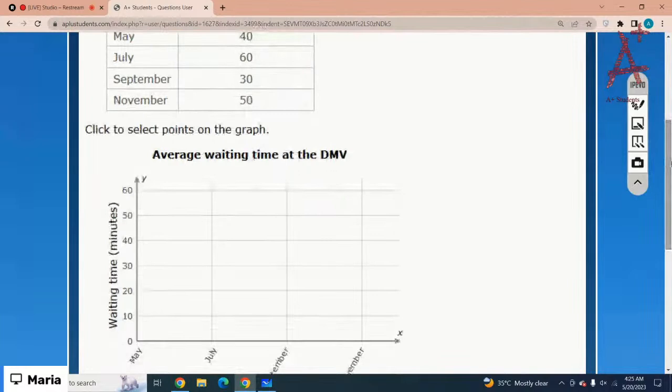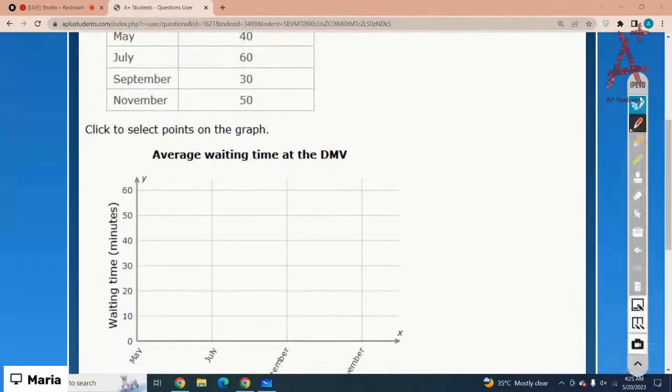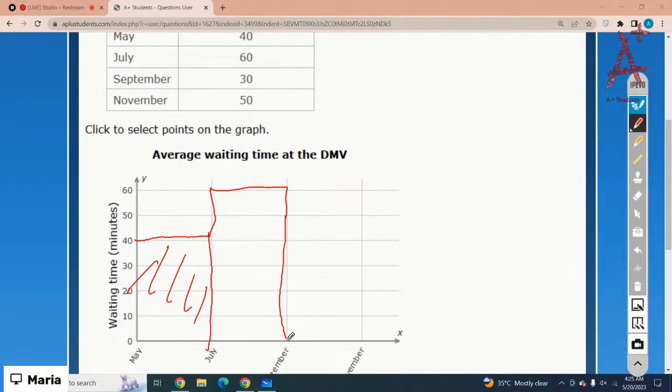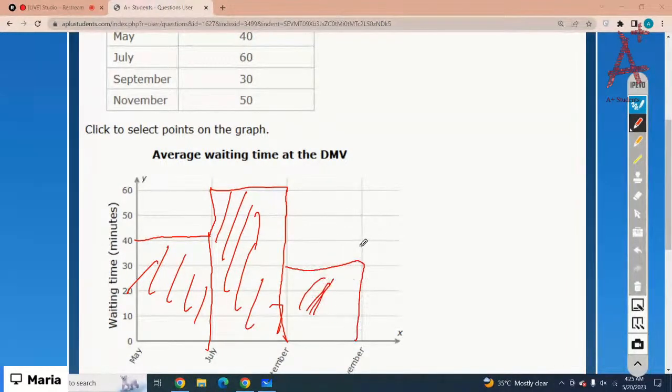On May it is 40, so you make a mark like this. For July it is 60, like this. They are different colors. For September it would be 30, and for November it would be 50. Got it?